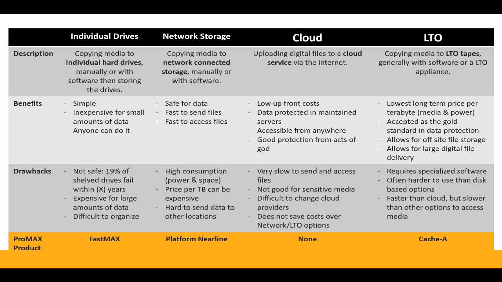A lot of people don't like LTO because of access speeds, and that's because it is a tape. You can't just jump around from file to file, so that's why you have these software layers to control it. But the upside is that LTO is the gold standard for data protection long term, and we'll get into some specifics on that right here.